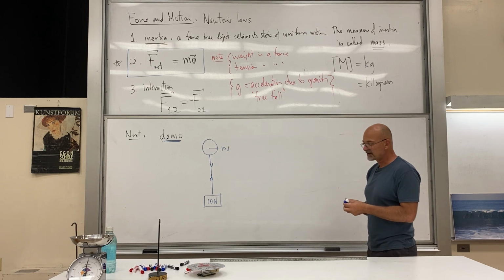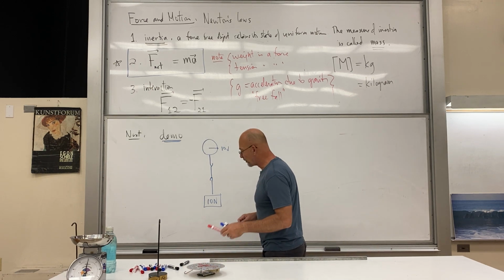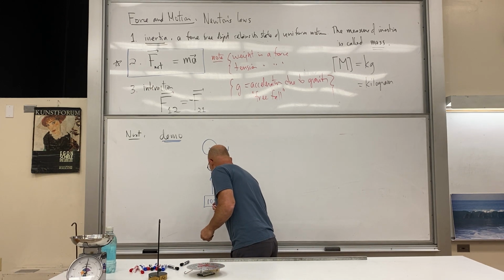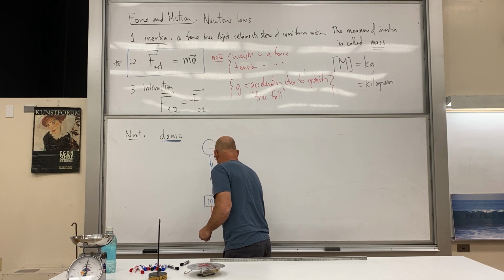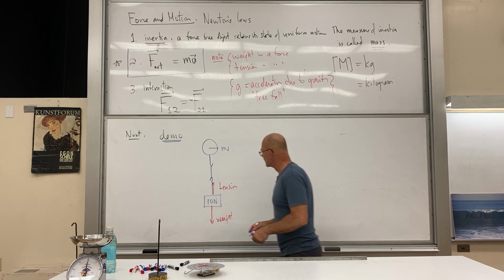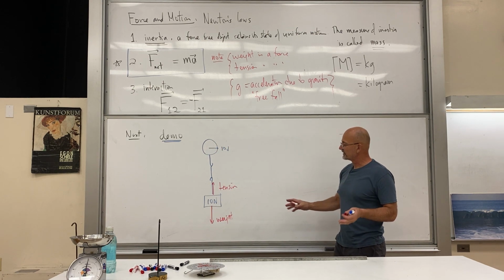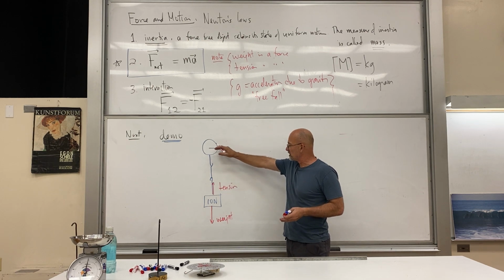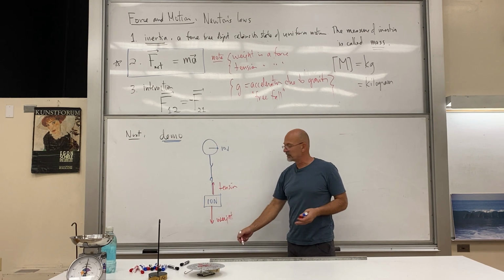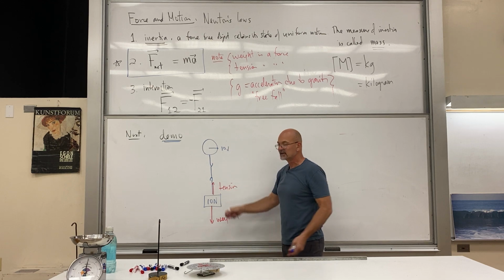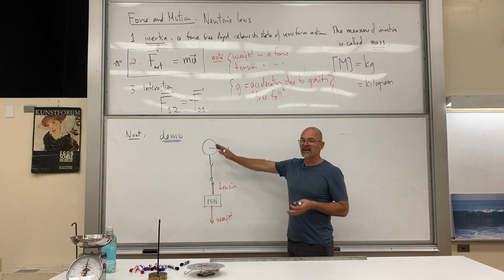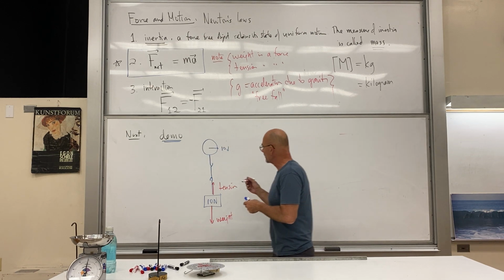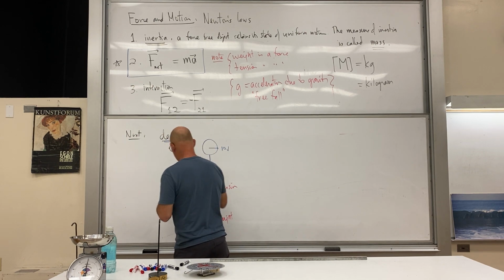And the forces: we say weight is a force, and then we say tension is a force. It makes total sense. Tension in the string, 10 newtons, weight 10 newtons, equal and opposite, net force is 0, so things are not moving. So that's my first picture.